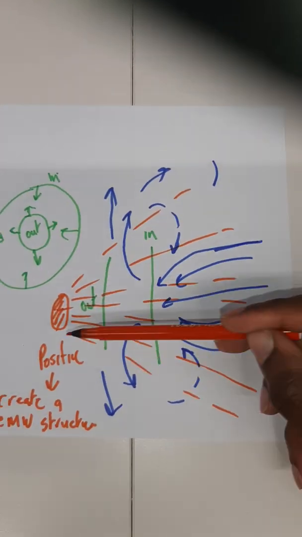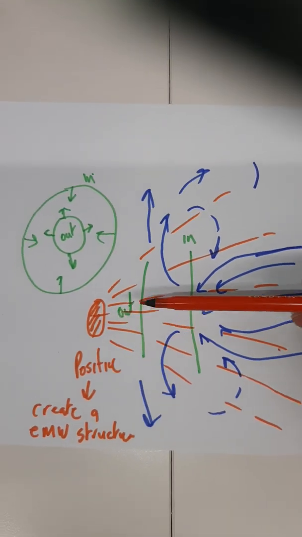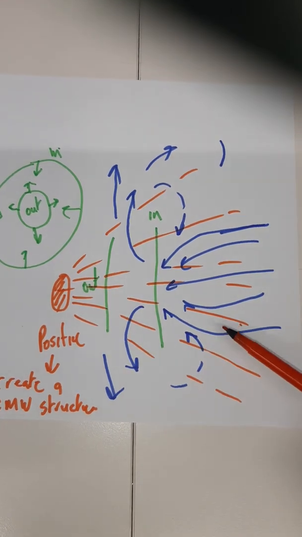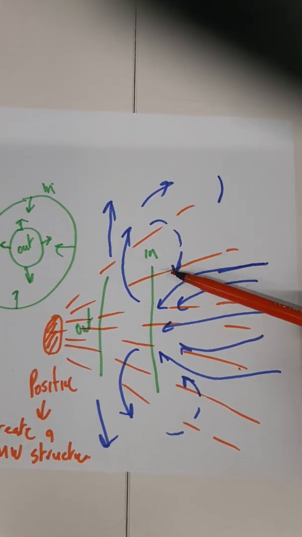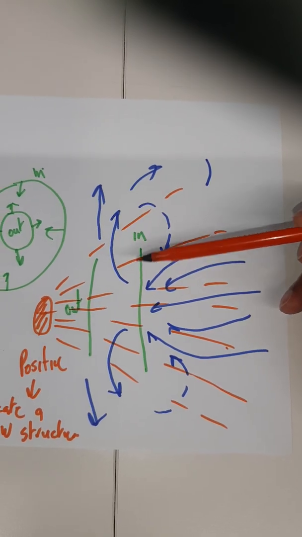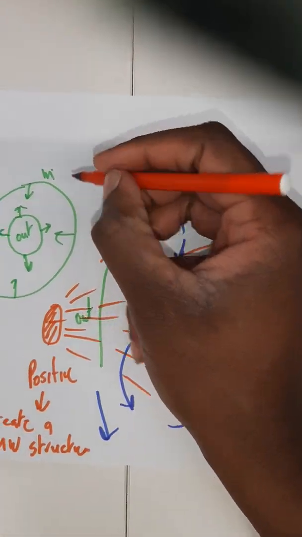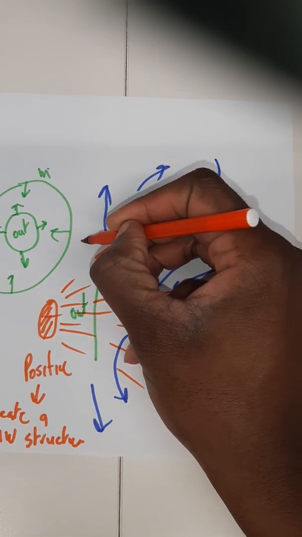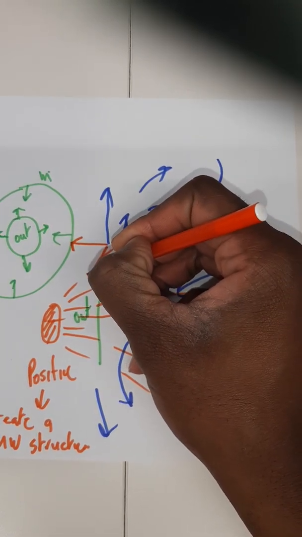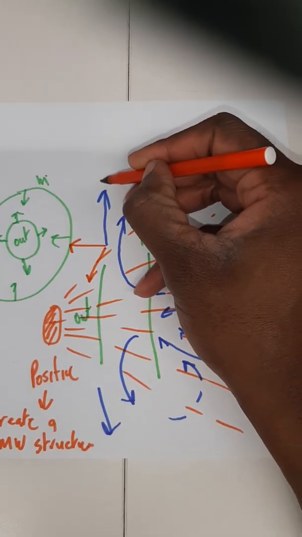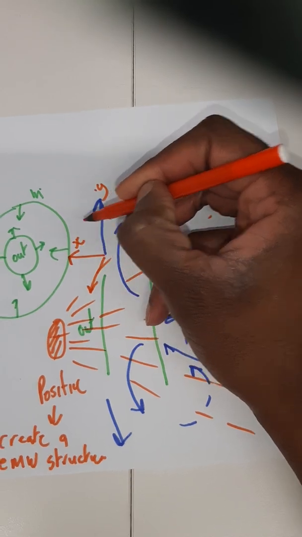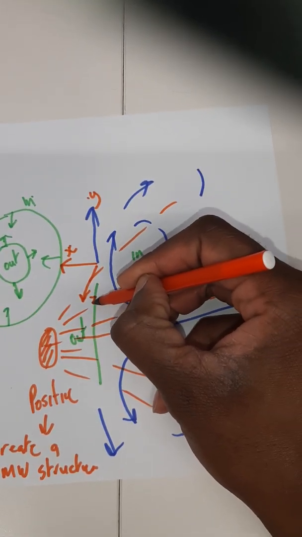However, if you add in a positive structure to the mix, as those positive electric fields push out these electromagnetic waves, at the moment this blue is just the force vector, but you'd also have another vector here and another vector here. So let's imagine that as y, x and z.